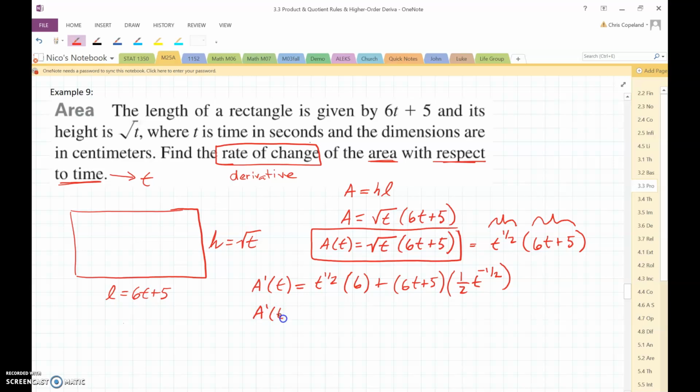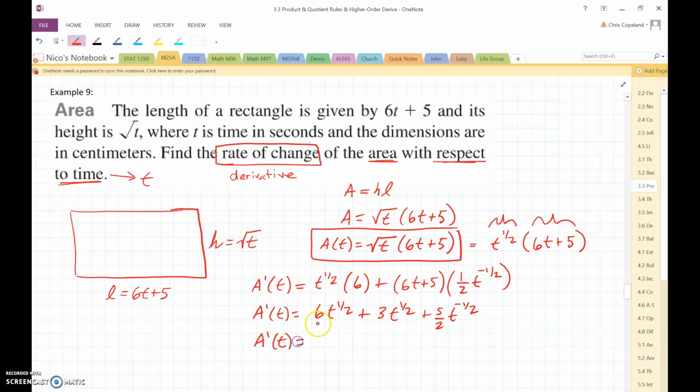A prime of t equals 6t to the 1/2 power plus, if I distribute here, this is going to be 3t to the 1/2 power plus 5/2 t to the negative 1/2 power.